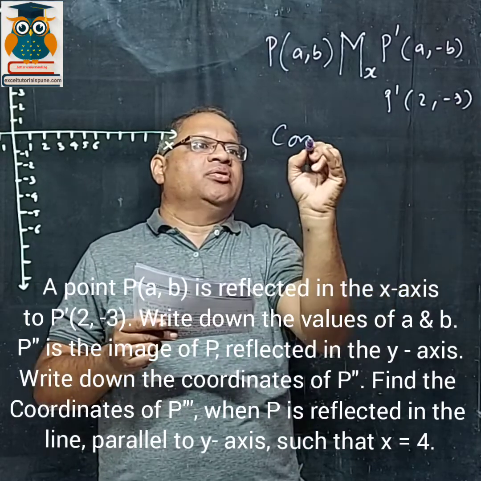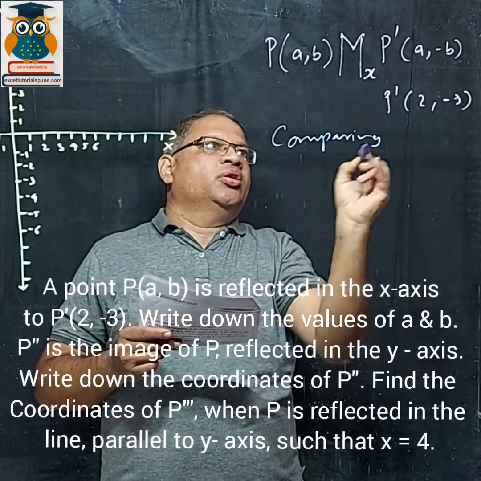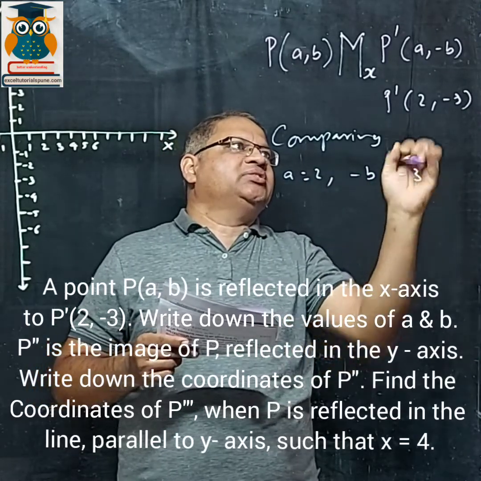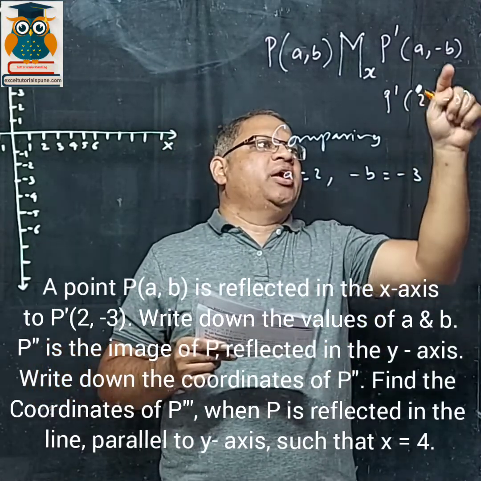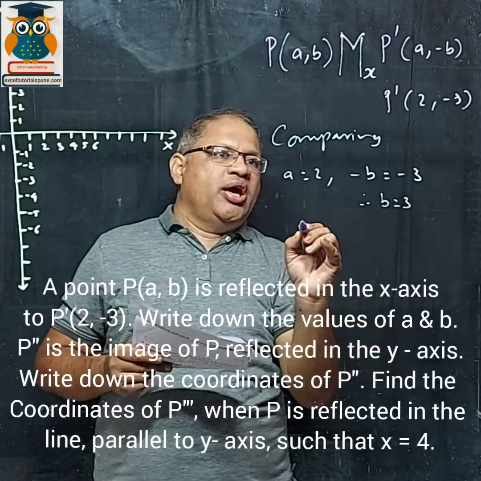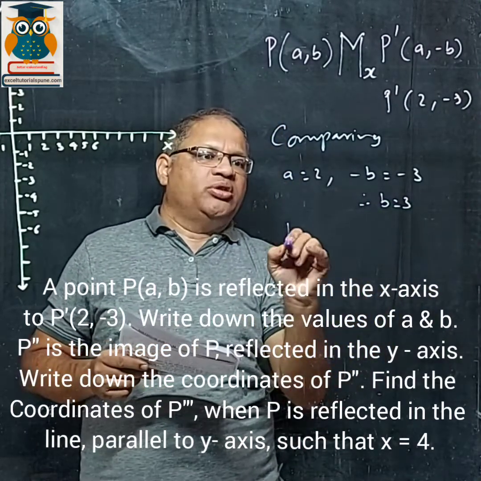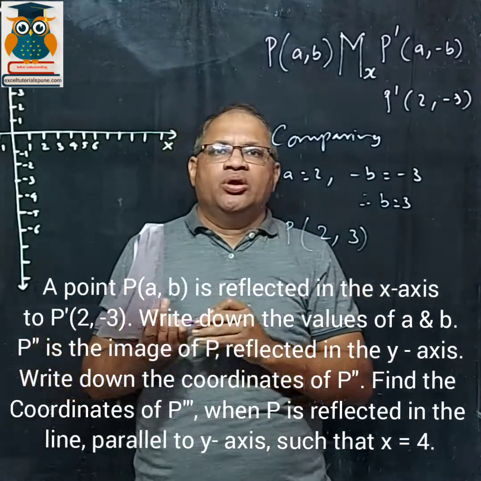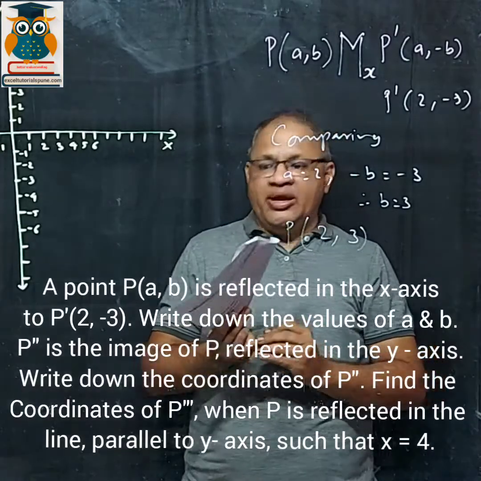So comparing, a will be 2 and -b will be -3. Therefore, b is equal to 3. So now we've got the value of a and b, that is, the coordinates of P are (2, 3). Alright. Now that is the first part.